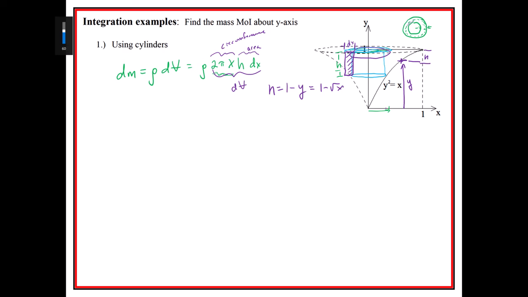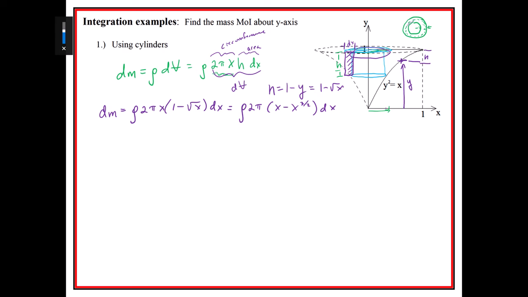This is the thought process. So we can substitute that in and say that dm, an incremental mass, is going to be rho times 2 pi times x times 1 minus square root of x dx. Moving some stuff around, rho 2 pi is going to be x minus x to the 3/2 dx.